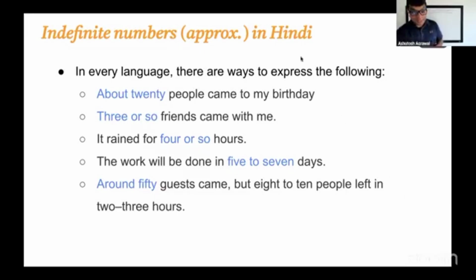And similarly we learned about... Can you hear me okay? Yeah, I think so. So you are somewhat familiar with different ways of conveying numbers. Now let's see how other languages deal with the concept of indefinite numbers before we jump into the Hindi language right away.